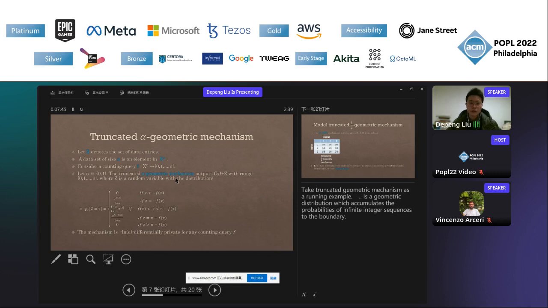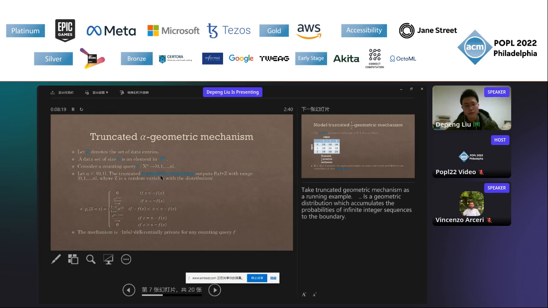Take the truncated geometric mechanism as a running example. Here, let X denote the set of data entries. So a data set of size n is an element in X to the power of n. And we consider a counting query F here, which gives an output, an integer from 0 to n. And we let alpha be a number in the interval 0 to 1.